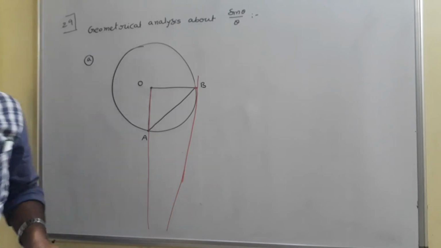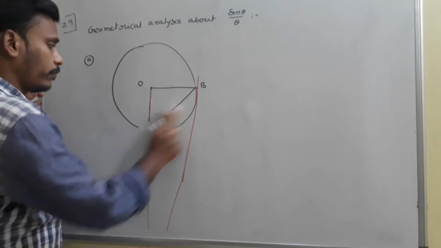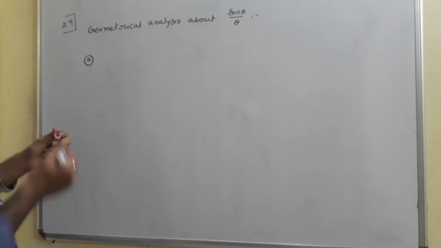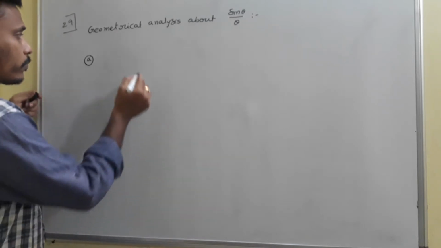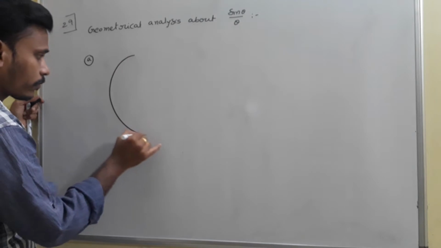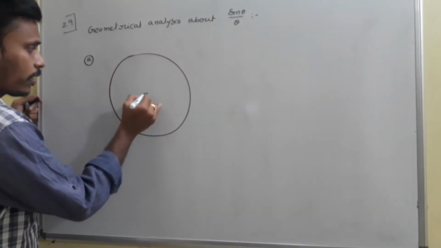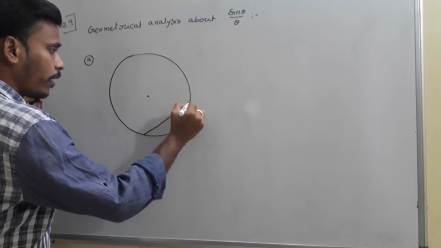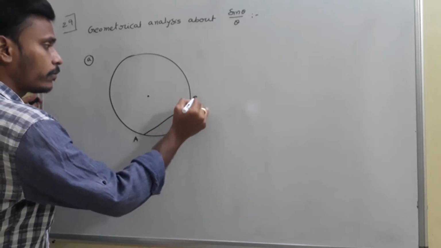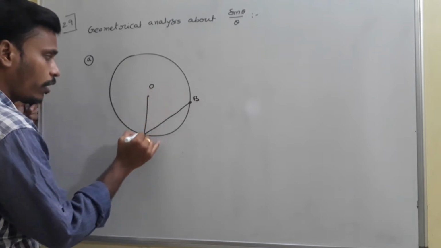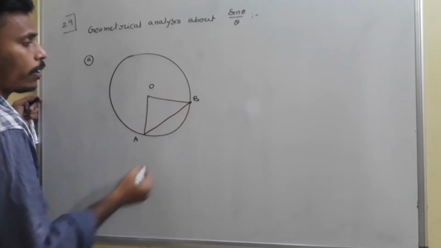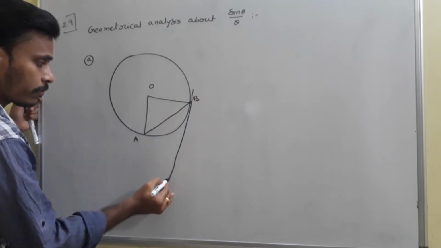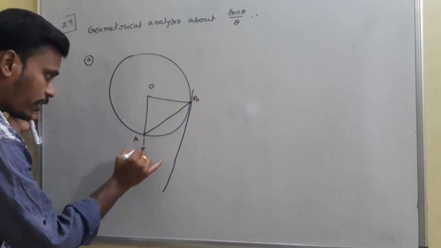I will sketch once again. Take a circle, center O, any chord AB, join OA, OB, and at B you sketch its tangent, and then you extend this OA.